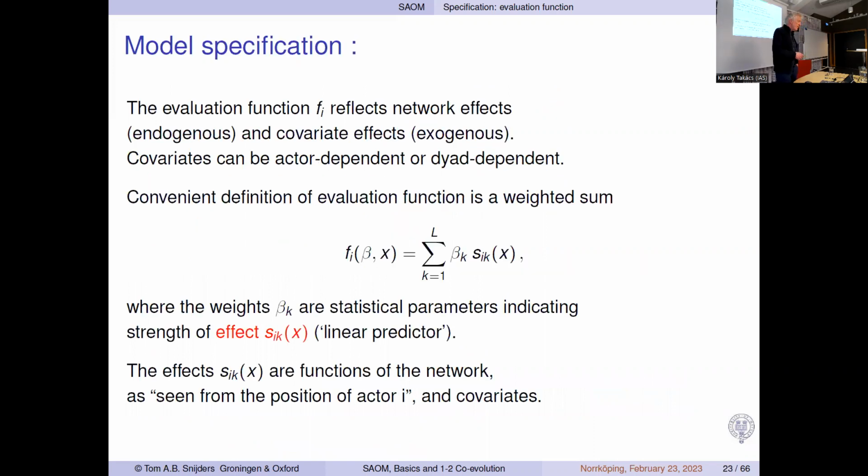Then this evaluation function is, like we are used to in statistics, a linear function of explanatory variables, which we call effects because they depend on the network or other dependent variables in the co-evolution process.